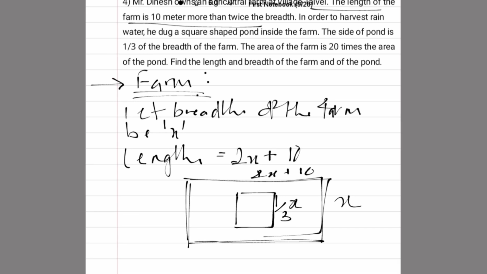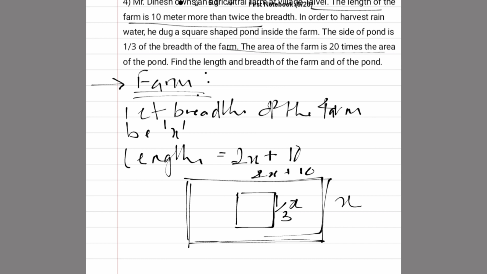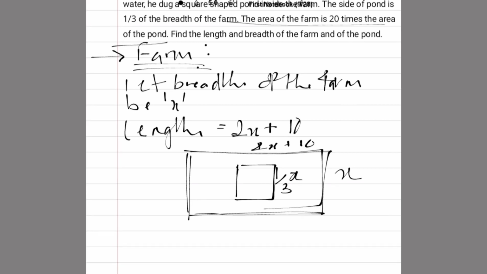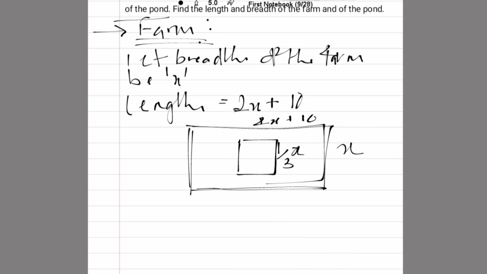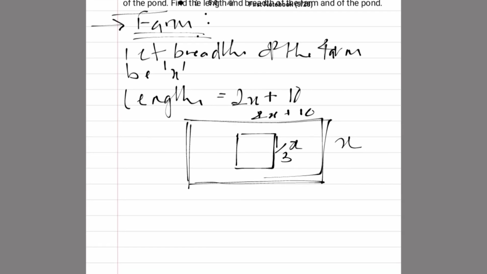And the next thing they have given us is the area of the farm is 20 times the area of the pond. This is the final condition, and we are going to solve it using that, right? Now what will be the area of the rectangular plot? The area of the rectangle is length into breadth, right?